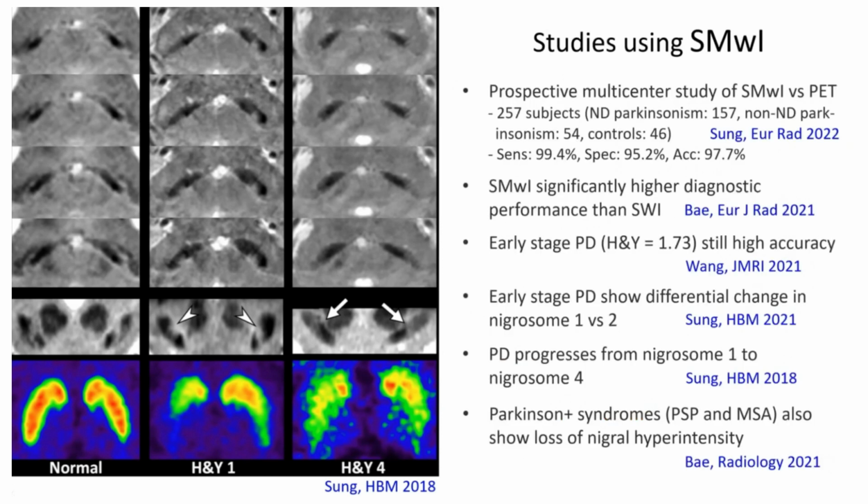And if I can suggest, point out some of the studies done using SMWI, and these are just half or 1/3 of the papers that are published using this technique.